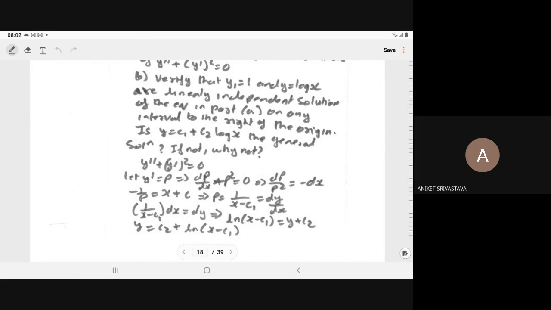So here, if you write y dash is equal to p, then dp by dx plus p square is equal to 0.